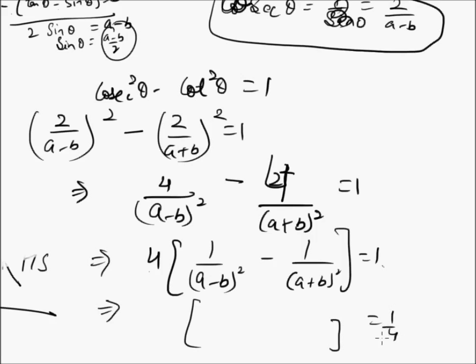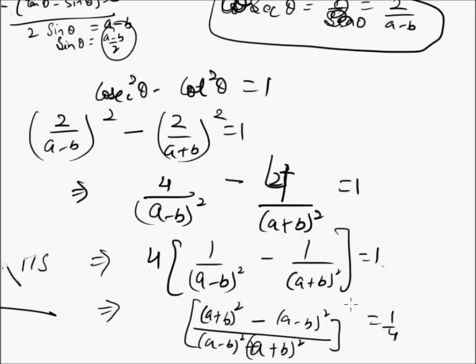Taking the LCM, we have A minus B whole square into A plus B whole square, and in the first part the numerator will become A plus B whole square, and here it will be A minus B whole square.